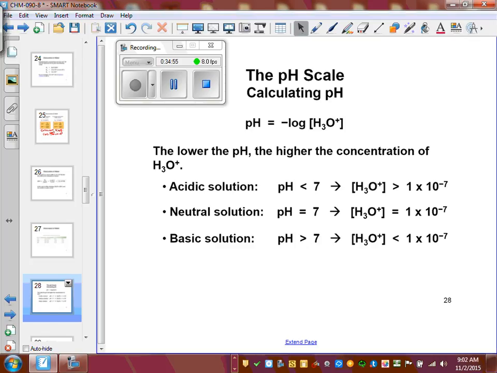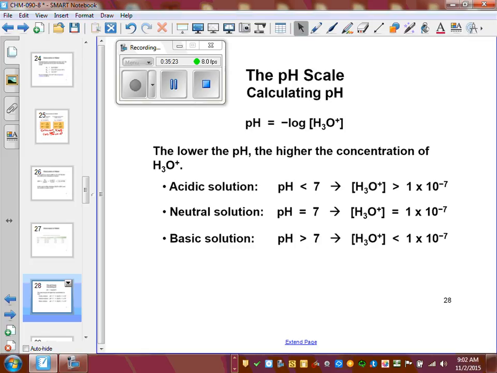pH, you may have heard of this. It's a measure of acidity. There's a scale that goes from 1 to 14. The pH, with a small p and capital H, is calculated by taking the negative log of the H3O plus concentration.